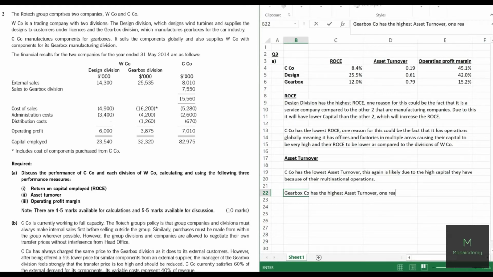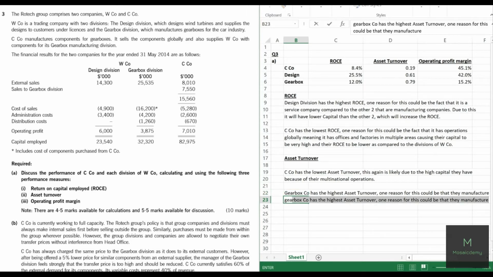One reason for this could be that they manufacture gearboxes, which would have a larger market than what the design division does, which is make designs.